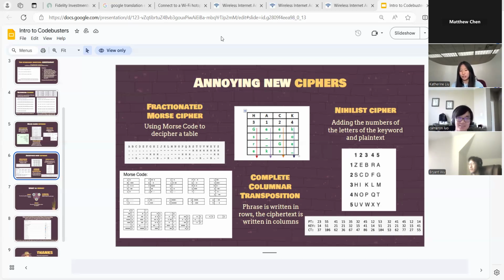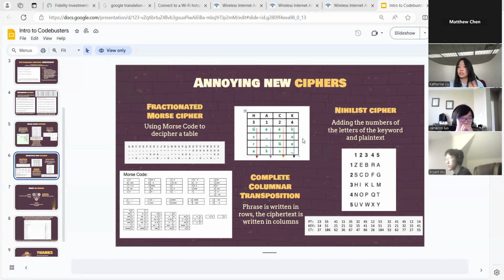So a nihilist is, there's going to be a text and then a key phrase. And then there's also going to be a box of letters, and every letter correlates to a two-digit code that's composed of the row number and then the column number. So for example, in the box Z is 11 and I is like 32.